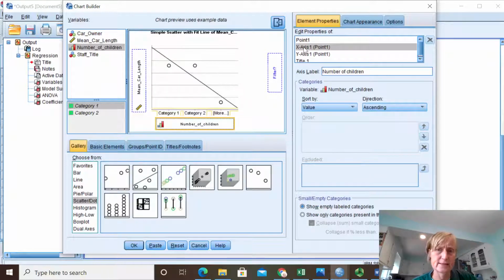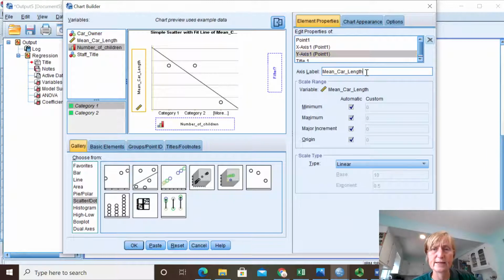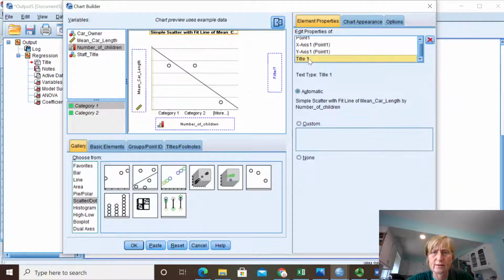The x-axis is the number of children. The y-axis is the mean car length. I probably want to write that a little bit in meters. Okay, and I can have all that. That's good. And I don't really want the title at all in there, so I'm going to click that off. And I think that's what I want it to look like.